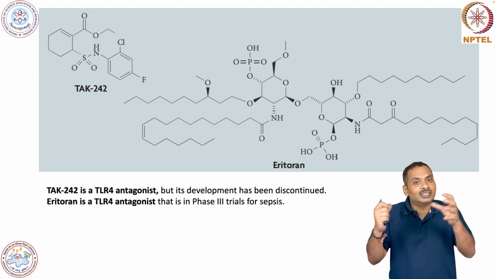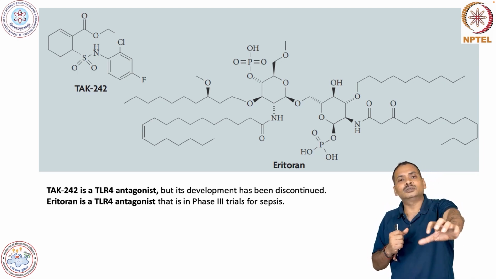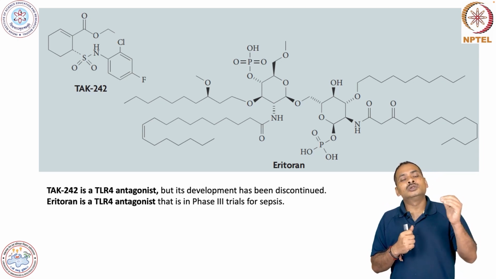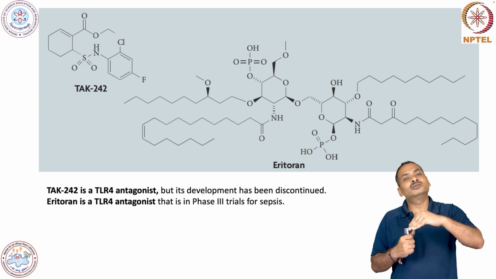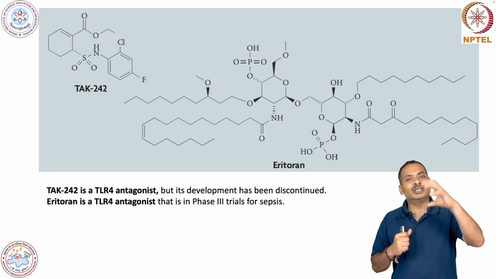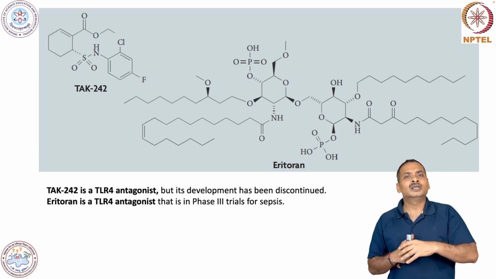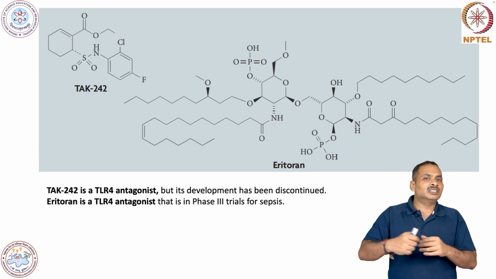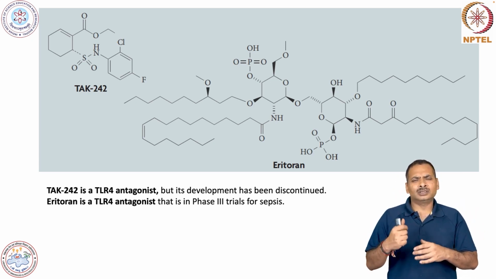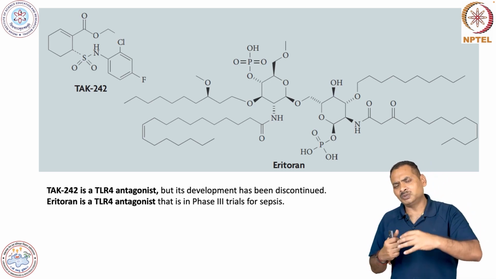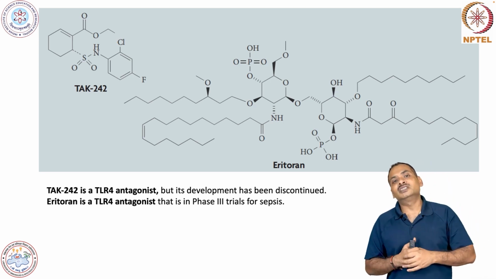Okay. So you can understand, if you inject this molecule, then it will compete with the LPS molecule, and if it has more affinity, it will bind to the TLR4 receptor, but it will not activate it, and probably it will not activate the signaling.